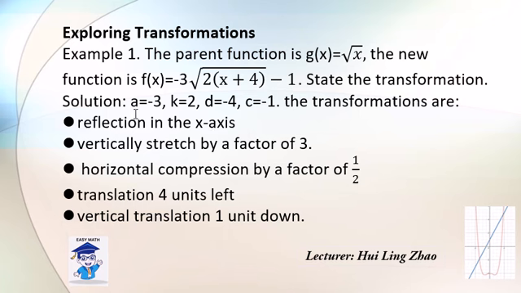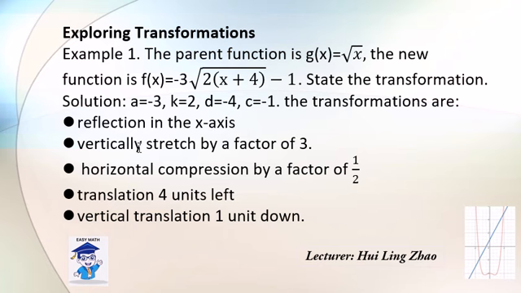Solution. We know that a is negative 3, k is positive 2, d is negative 4 and c is negative 1. The transformations are: number 1, reflection in the x-axis, because a is negative.